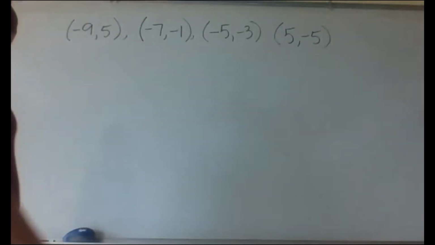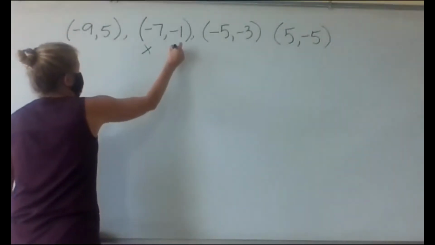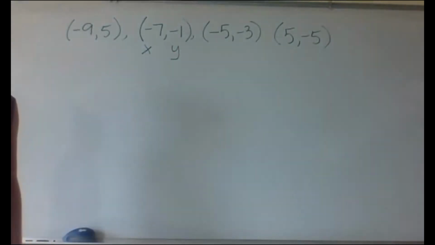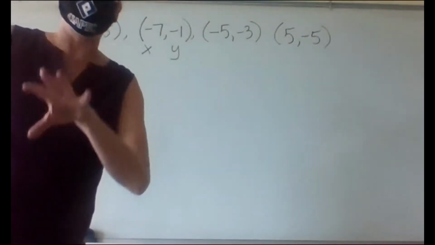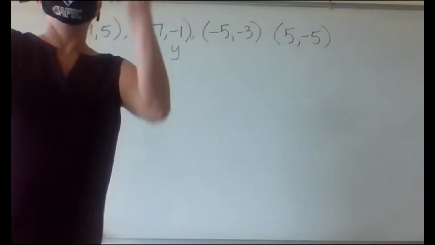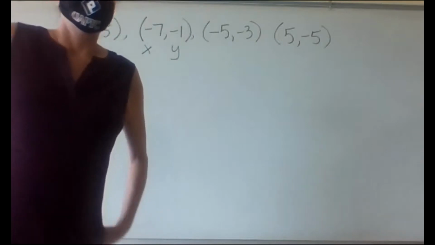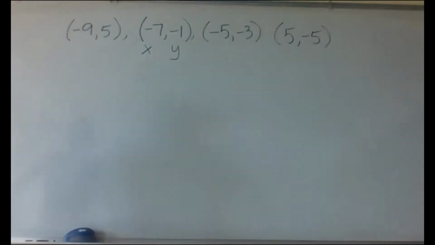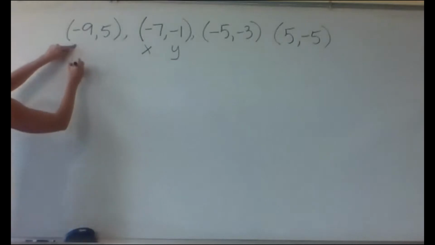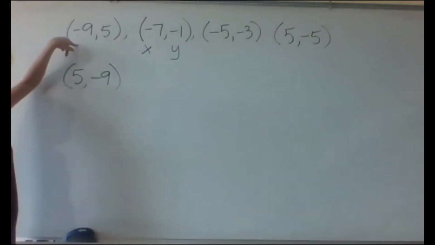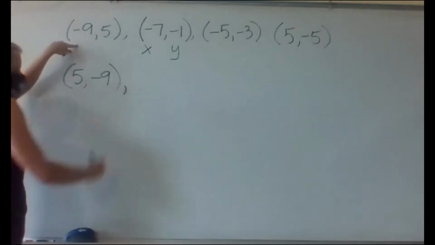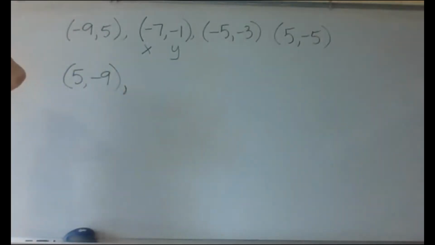Now remember, all points have an x coordinate and a y coordinate. So if I'm finding the inverse of these 4 points, I'm just simply rewriting them, flipping the x and the y. Okay, so let's look at what that would look like. Again, just switch the x and the y. So this will be 5, -9, comma, because it's going to ask you to put a comma in between those ordered pairs.